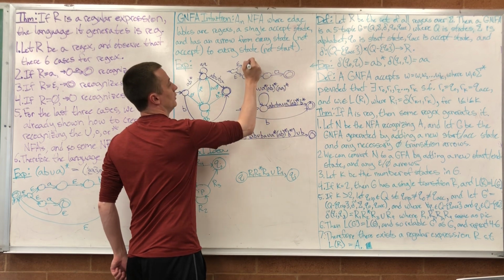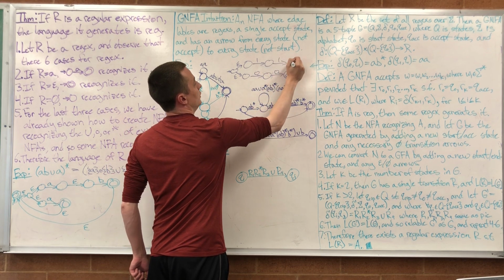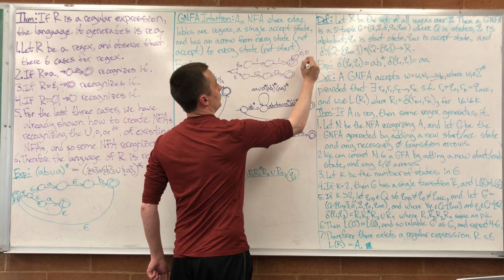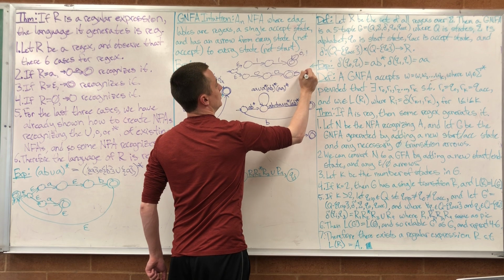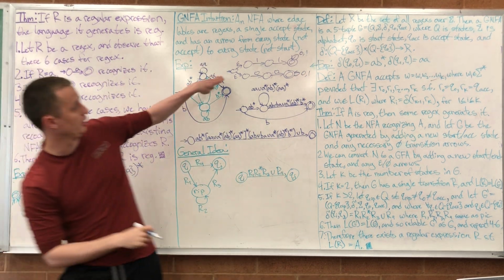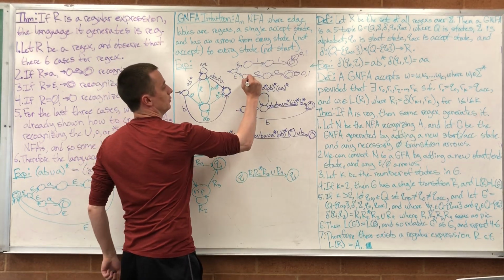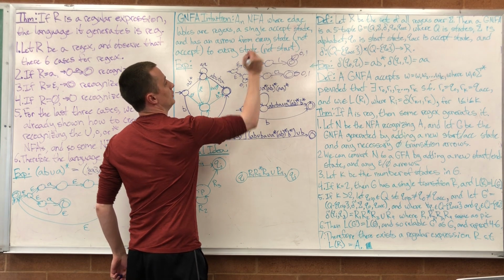There's our accept. Here's 1,1. Here's our accept. And on the accept states, we loop to itself on 0,1. With me so far? An NFA that accepts all the strings that contain the substring 0,0 or 1,1. Sorry, this can also loop to itself on 0,1, and this can also loop to itself on 0,1. Right?